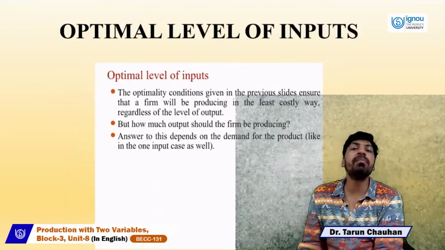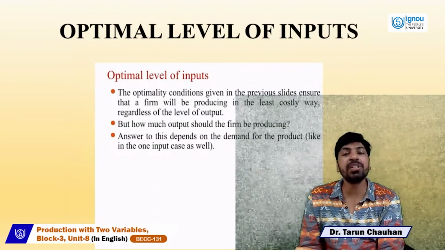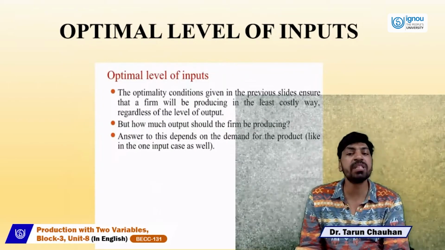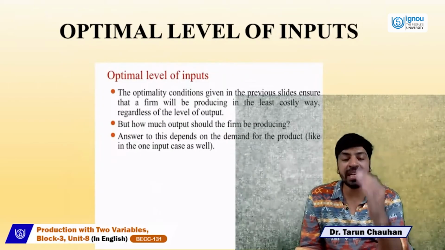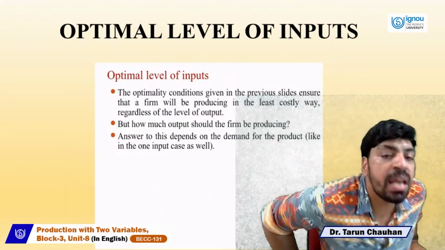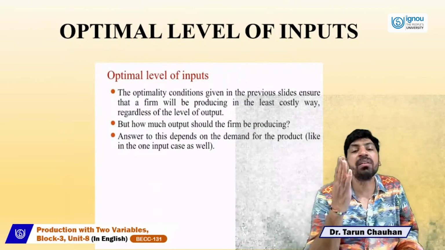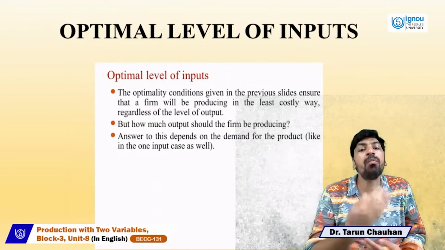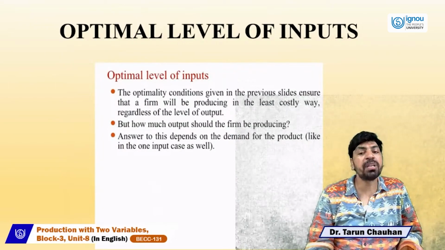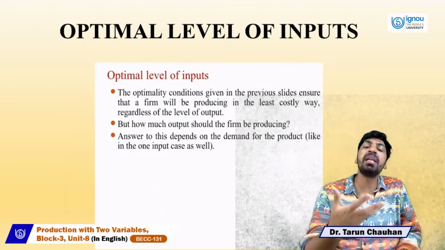These are the optimal levels of inputs, the optimality conditions as in the previous slides, which always showed the least cost for a given level of output. That's called the optimum level of inputs by combining those particular factor inputs. How much output the firm will produce depends upon the optimum level of inputs.